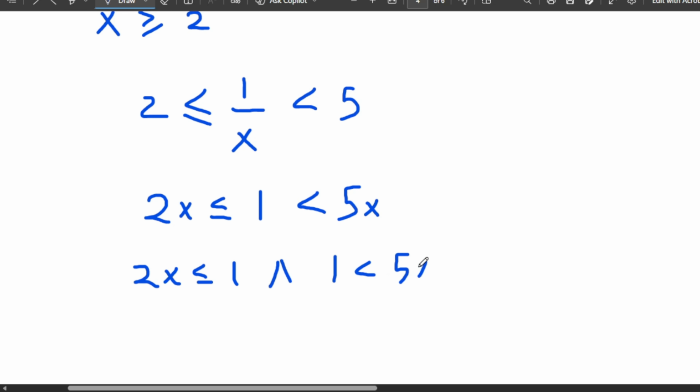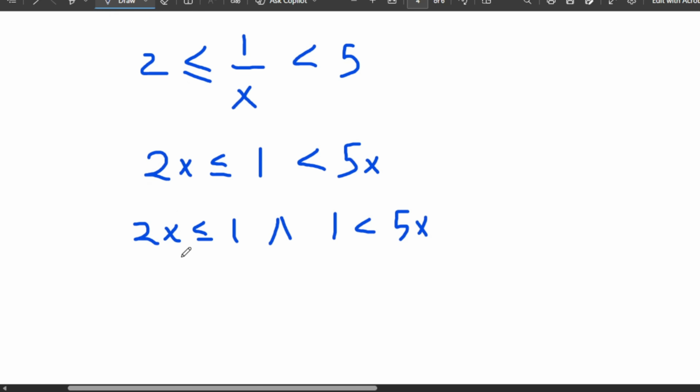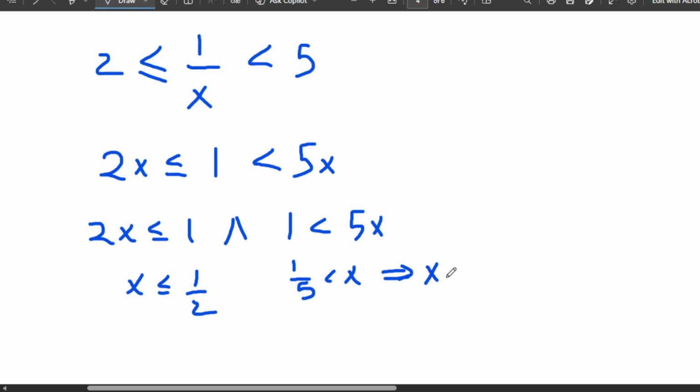So 2x is less than or equal to 1, so x is less than or equal to a half, and 1 over 5 is less than x, or you can say it's equivalent to x is greater than 1 over 5.